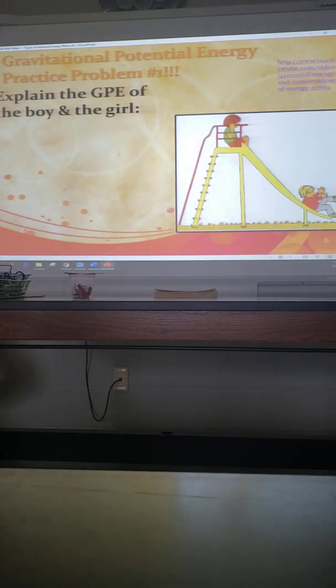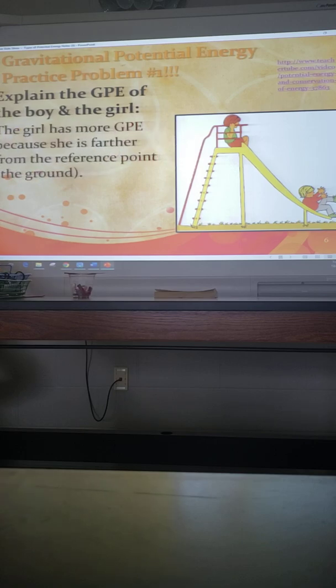All right, so let's take a look at this example. The girl is at the highest, right? And she has more GPE because she's farther from the reference point, which is the ground. We don't know their masses, but they look like they're pretty close.